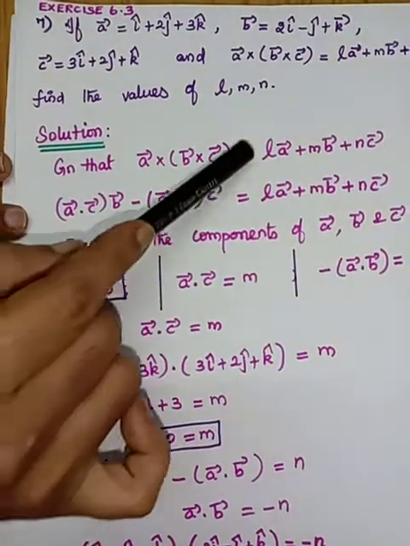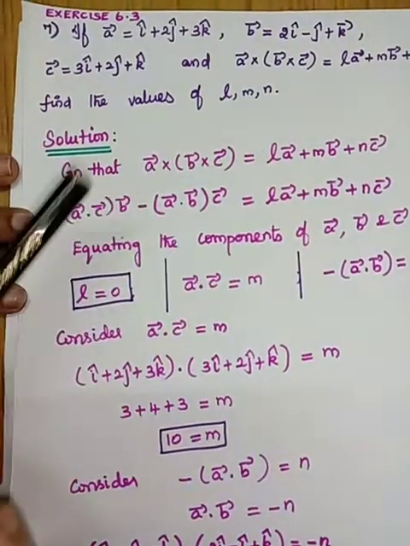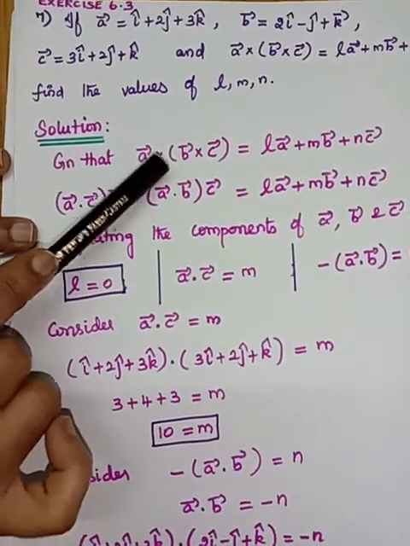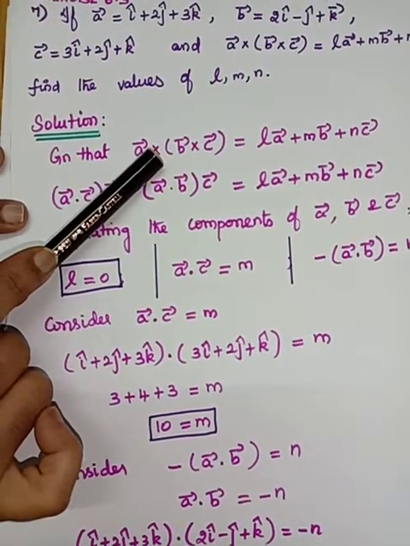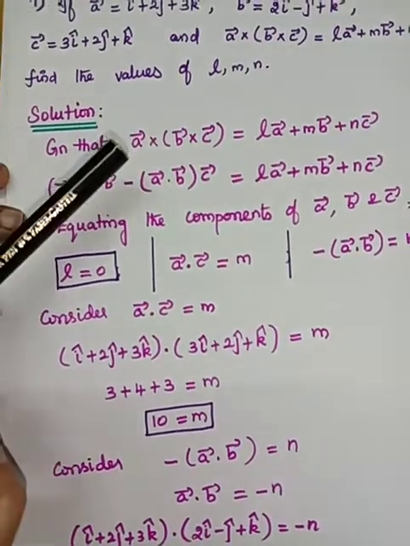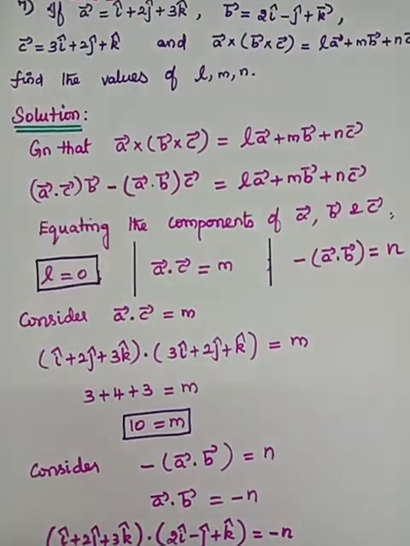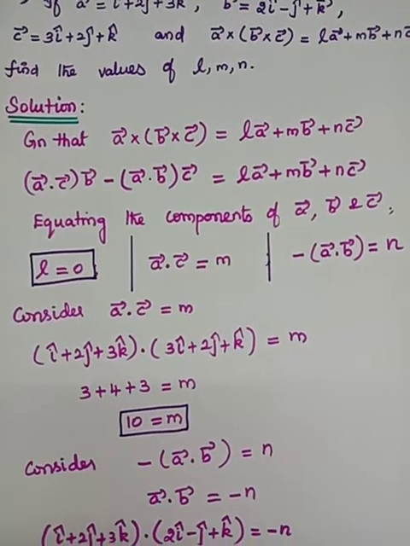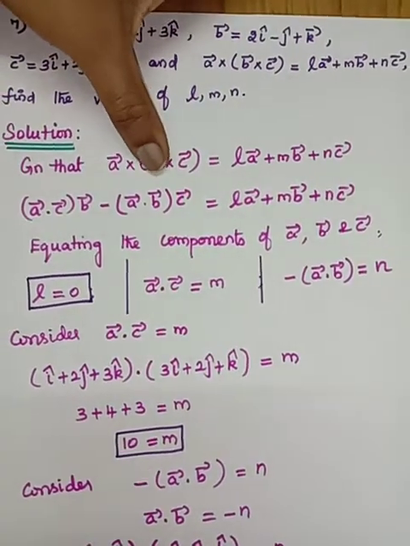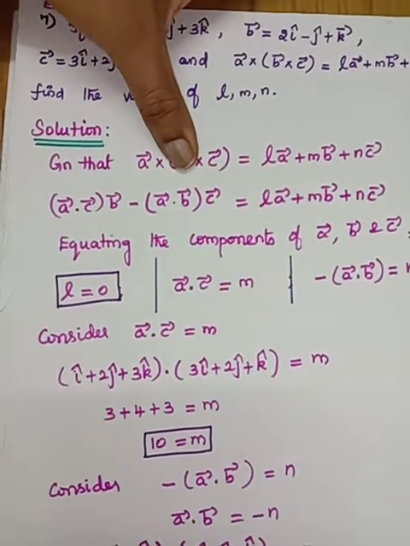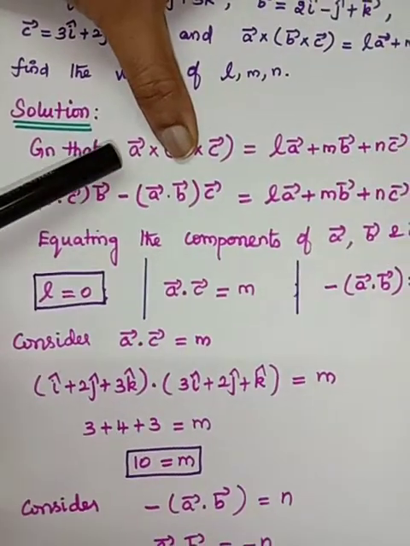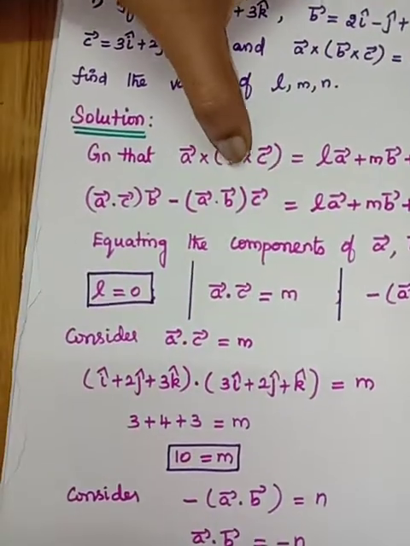Okay, so what is the expansion of this? So how to write the expansion of vector triple product? So the previous video I have said the formula, lambda into middle vector minus mu into non-middle vector. So which is your middle vector? Your b vector. So how to write lambda? So it is a dot product of the vectors other than middle vector.